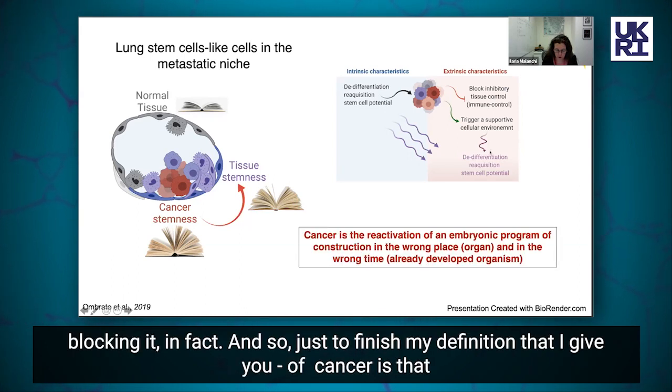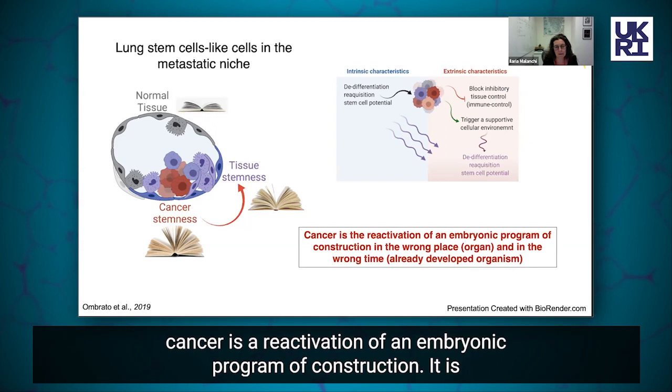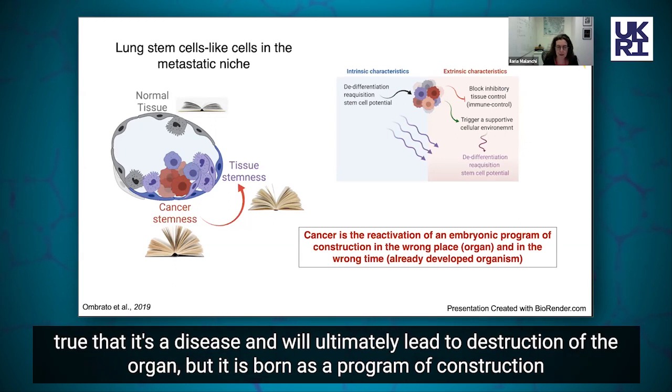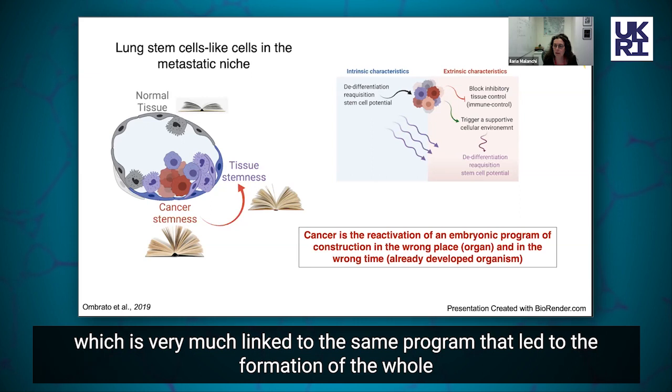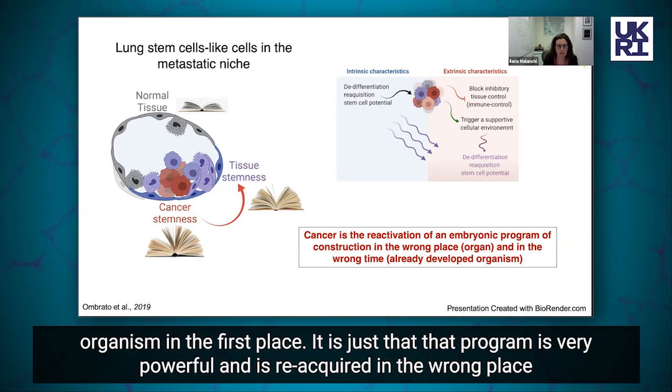And so just to finish, the definition that I'll give you of cancer is that cancer is a reactivation of an embryonic program of construction. It is true that it's a disease and it ultimately leads to the destruction of the organ, but it is born as a program of construction, which is very much linked to the same program that led to the formation of the whole organism in the first place.